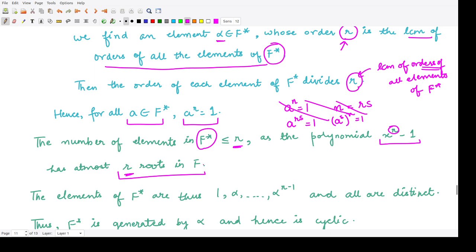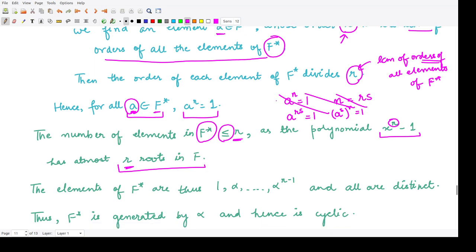And because F star is smaller than F, so we would say we have this inequality sign over here.